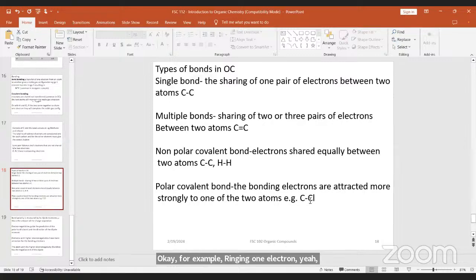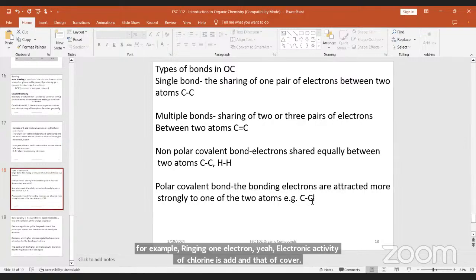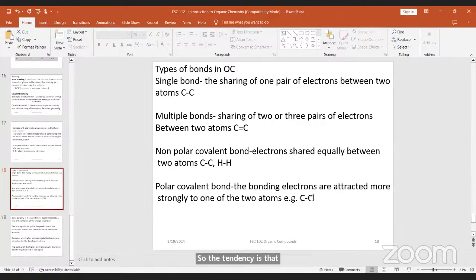So the chlorine atom will have a higher capacity to attract the electron that is being shared to itself. Therefore, creating a situation whereby it seems the carbon has lost its electron to the chlorine.